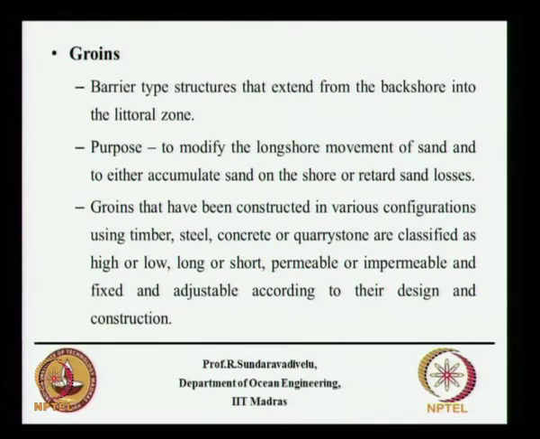Then we have the groins. These groins are barrier type structures, they extend from the back shore into the littoral zone. The littoral zone is the zone in which you will have what is called sediment transport taking place. So it depends on the point where the waves break.